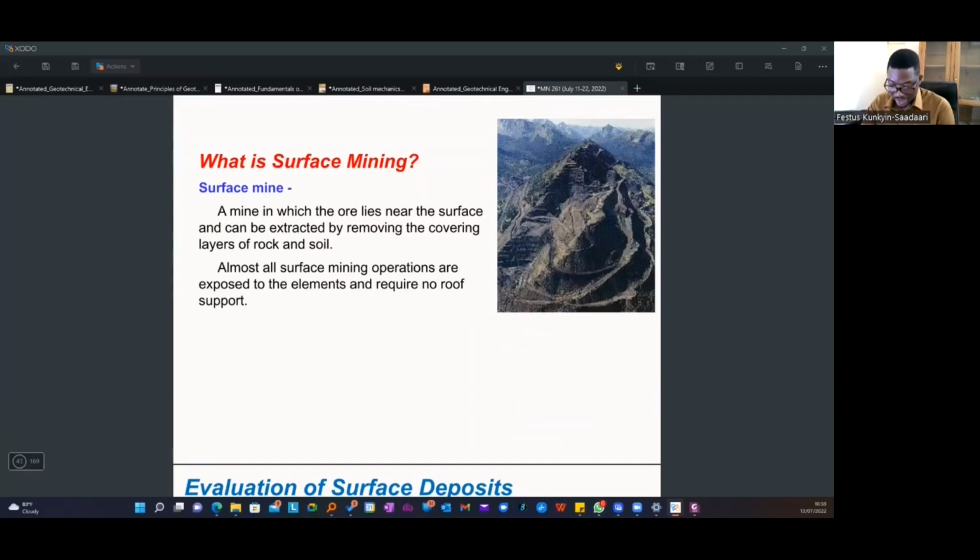a surface mine is a mine in which the ore lies near the surface and can be extracted by removing and covering layers of rock and soil. Almost all surface mining operations are exposed to the elements and require no roof support.